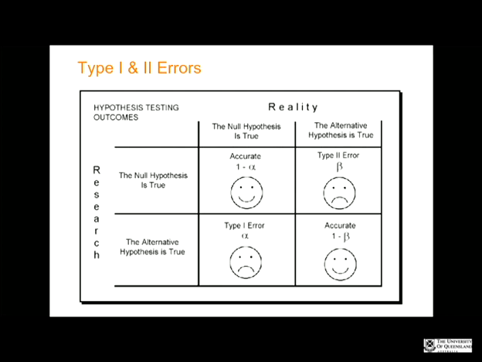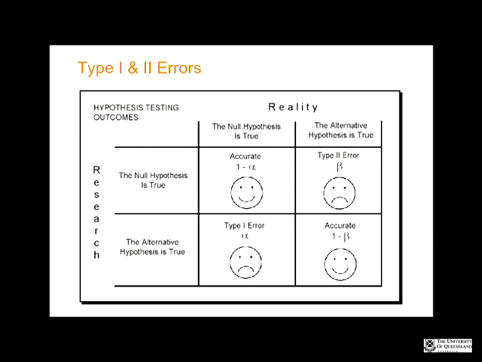Bringing it back to the idea of a hypothesis and type 1 and type 2 errors. So remember what we're talking about here: reality, that's the broader population. The research, in this case, is our sample, okay? And here it's accurate. We do our research, we do our probability, we take the risk, and we say, no, we don't have enough evidence.